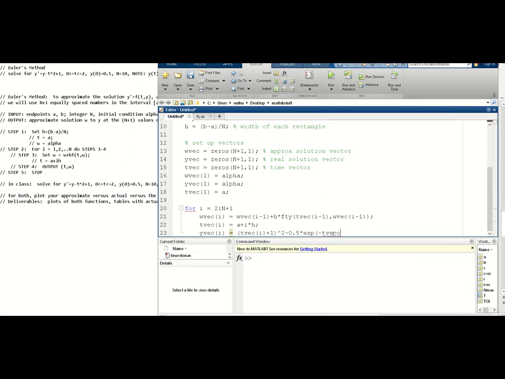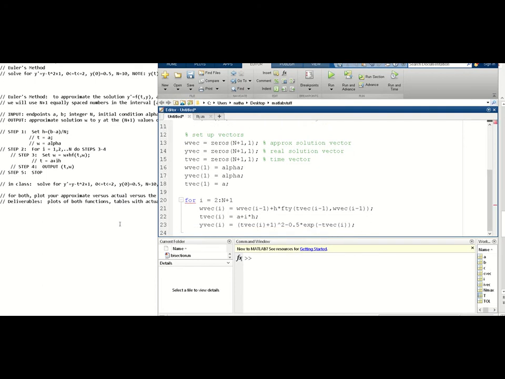To the negative t vector of i. And that should work. I'm going to claim it works. We'll see what we look like. Okay. That's it. Once we're there, we end this loop.